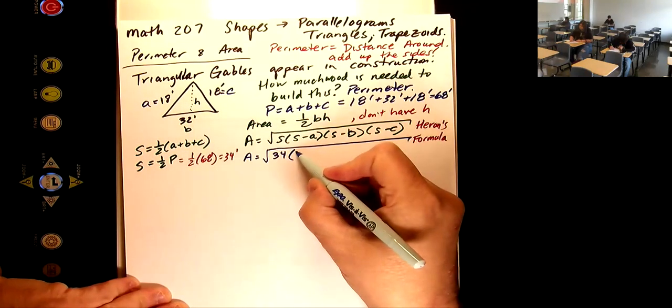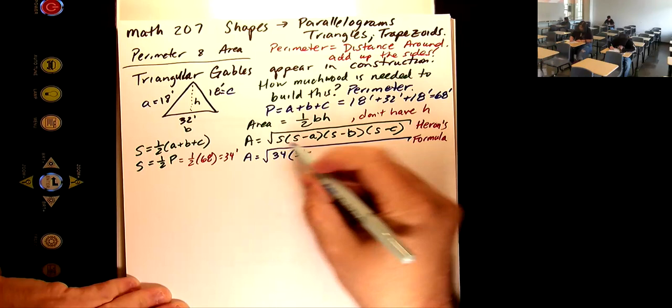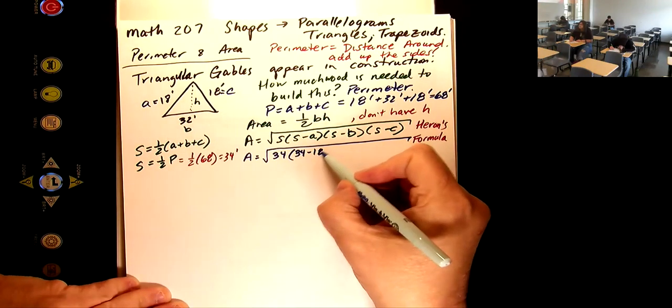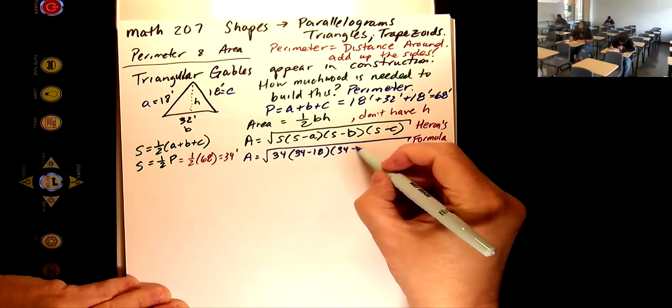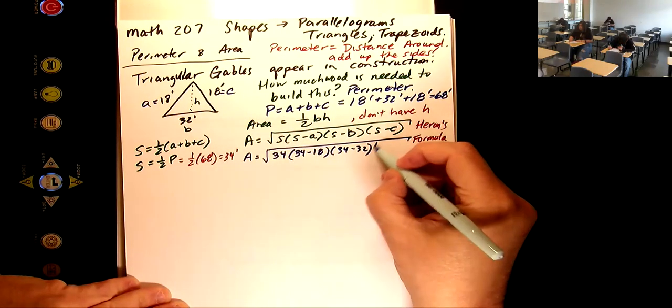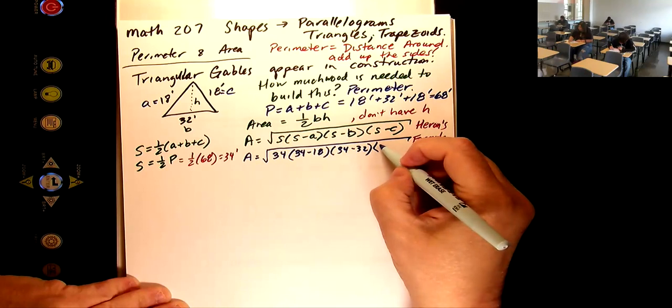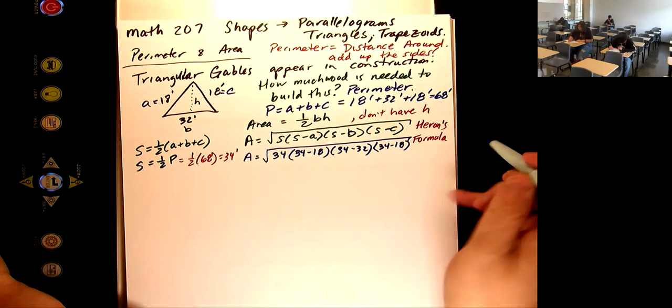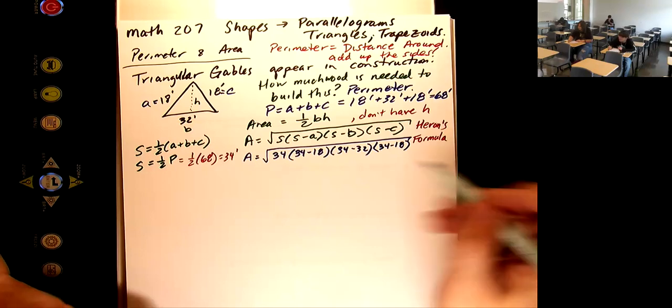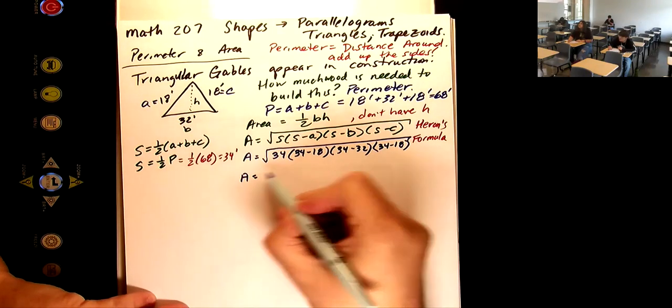I've got S minus A is 34 minus 18, S minus B is 34 minus 32, and S minus C is 34 minus 18. So what is this?